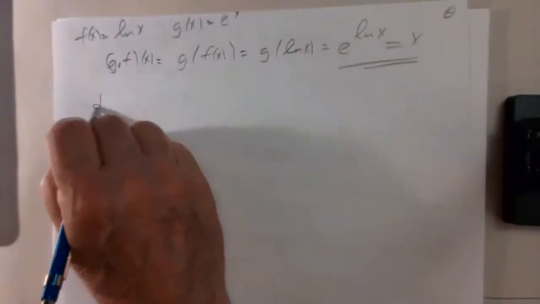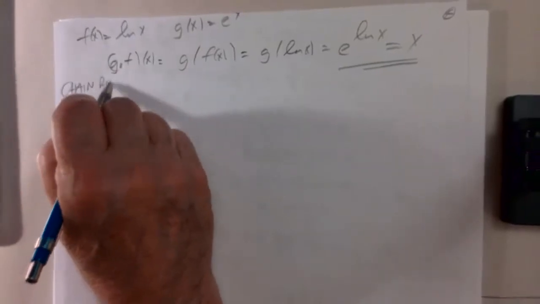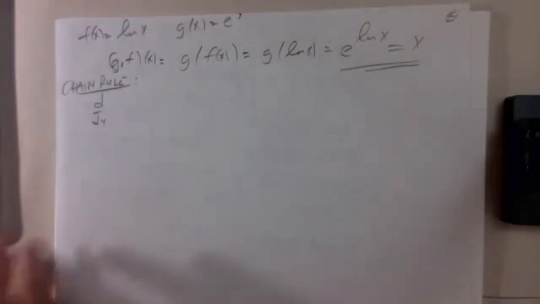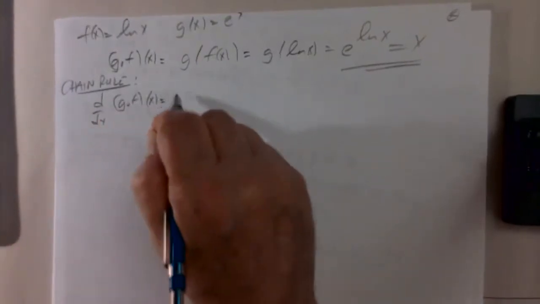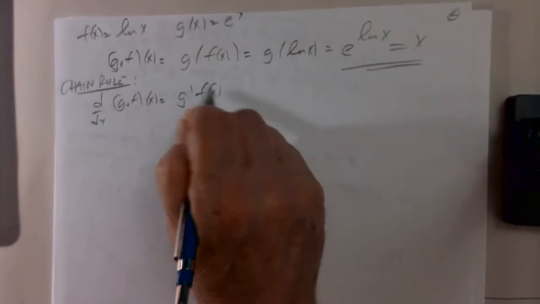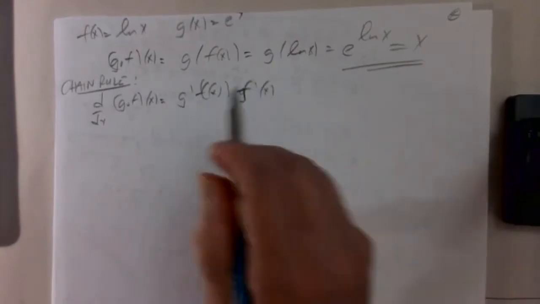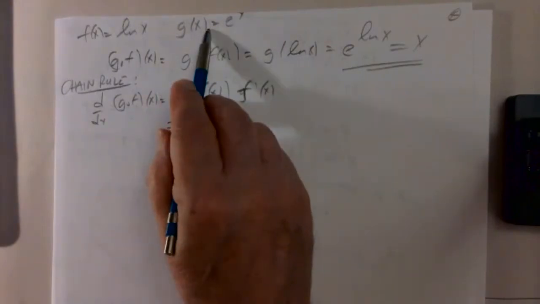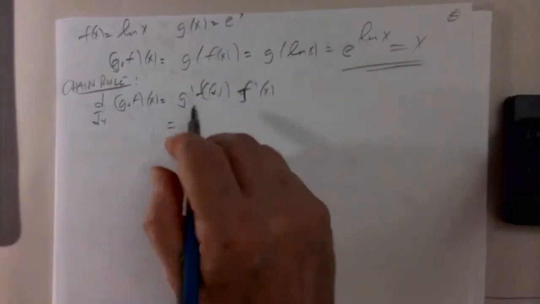So if I take the derivative, I use the chain rule. If I take the derivative of g composed with f of x, that's g prime of f of x times f prime of x. G of x is e to the x. The derivative of e to the x is e to the x.